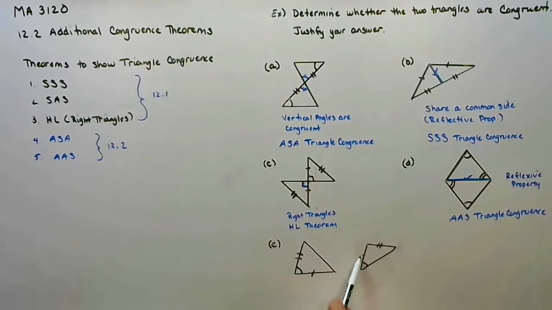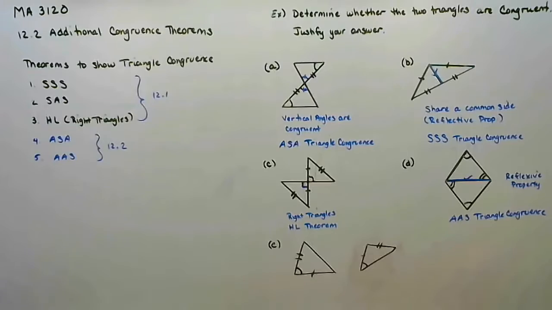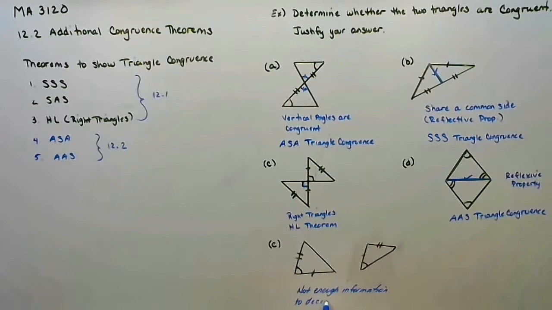Well, the 2 marks should be over here. So in this case, we don't have enough information. We cannot deduce that they are congruent. Not enough information to decide congruence.